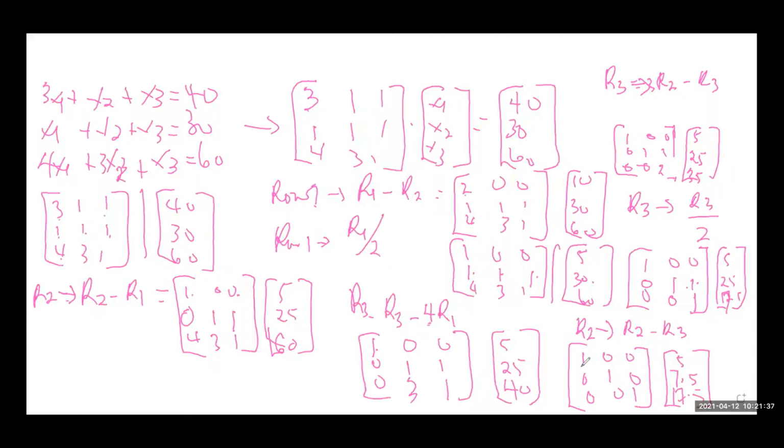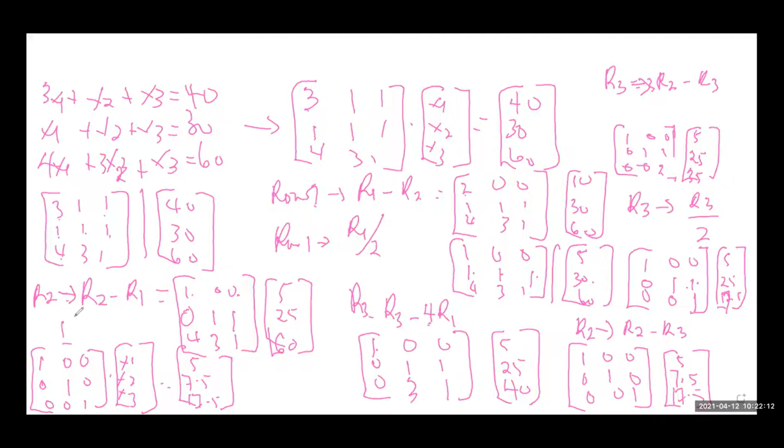So we have converted matrix A into an identity form. And we have also converted matrix B, which is the resources, into what? So I can rewrite this whole thing and say that what I have here should be 1, 0, 0, 0, 1, 0, 0, 0, 1 times X1, X2, X3 equals 5, 7.5, and 17.5.